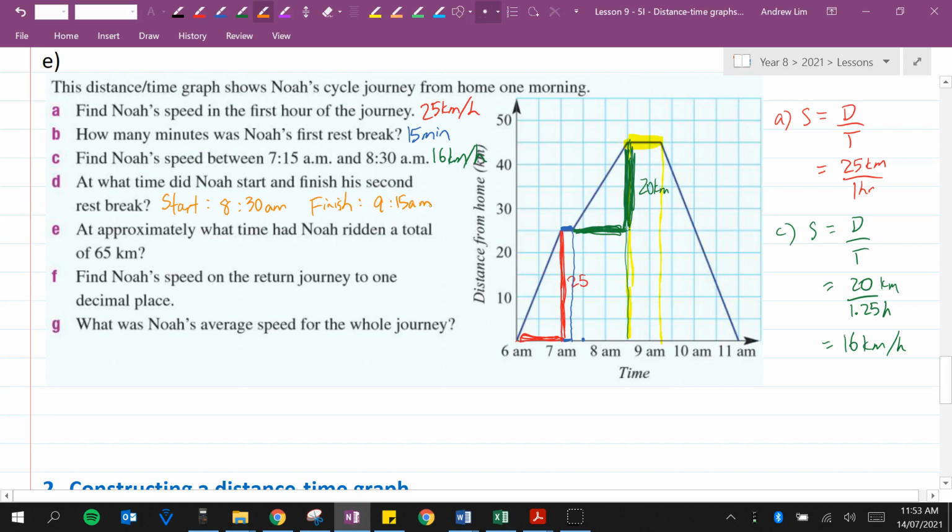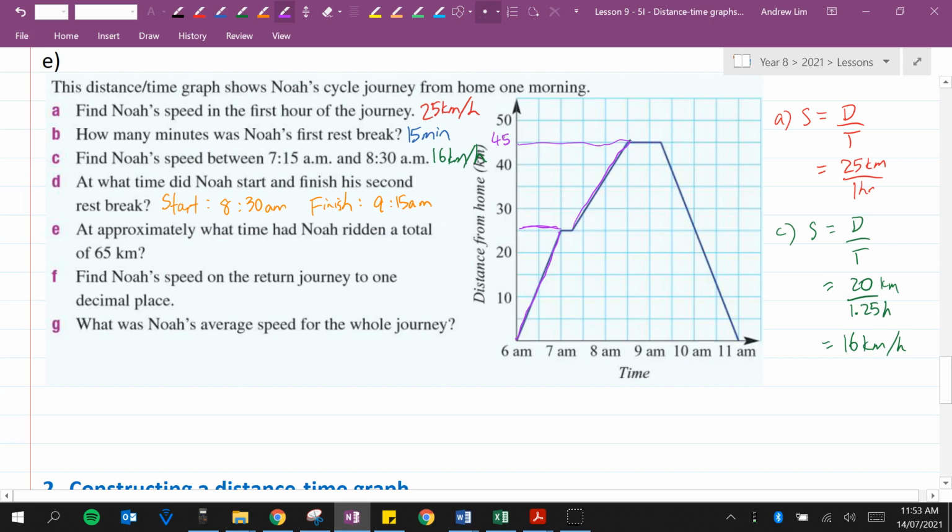Approximately what time had Noah ridden a total of 65 kilometers? Okay, I'm going to rub this out because I just want to make it nice and clean for us. A total of 65 kilometers. So if we have a look here, according to this, he's ridden 25. Now he's ridden 45 kilometers.